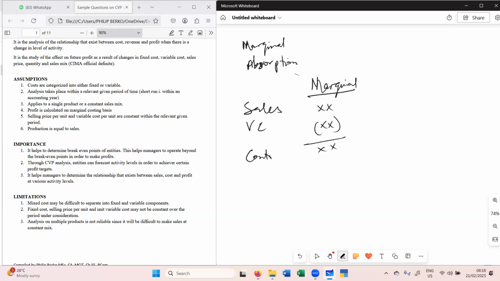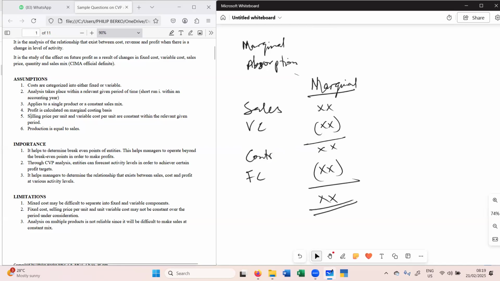Then you less your fixed cost, and you get your net profit. So in order to undertake CVP analysis, you must go by the marginal costing approach: sales less variable cost to get contribution, before you less your fixed cost.